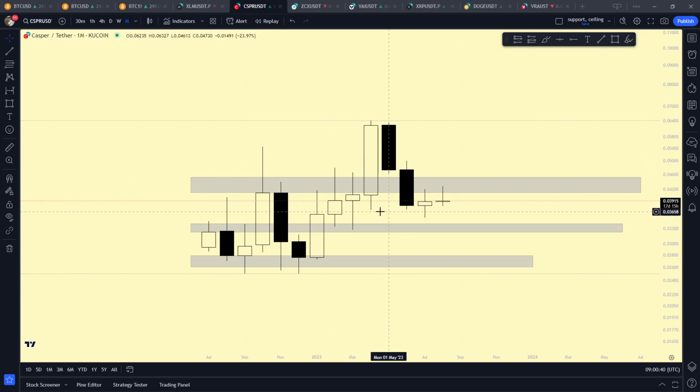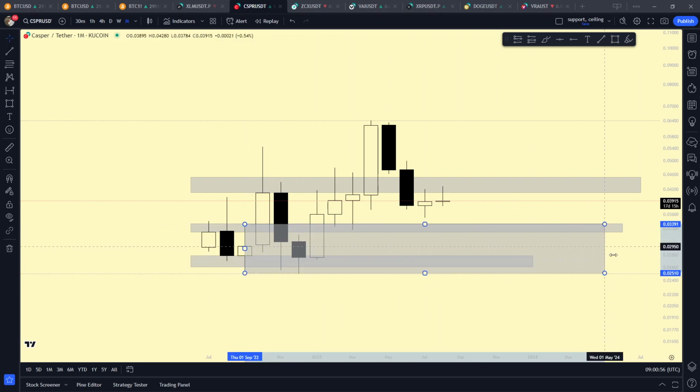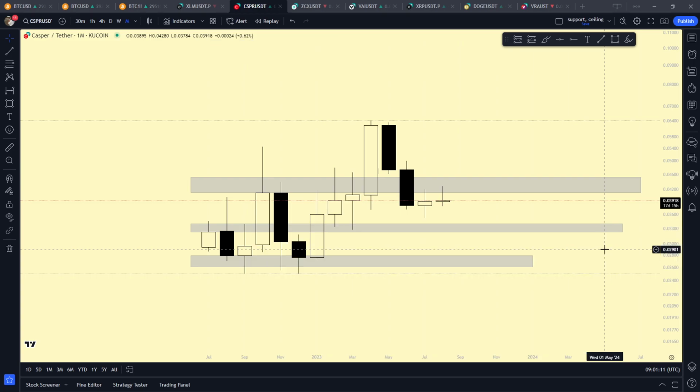What we can also identify is that the doji before a big move can also be a support, and we see that this entire zone is a support zone. If we go from the wicks to the wicks, you see that this is actually a perfect support zone for Casper right now. It never really got below this point, so we know that's a very valid support zone.